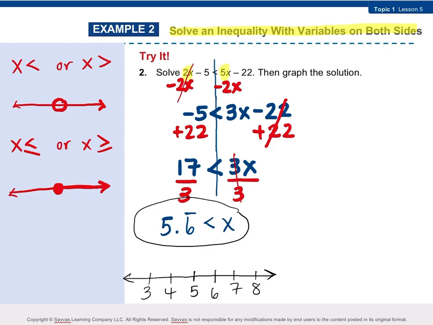And so my answer is 5.6 repeating. So in between 5 and 6, open circle because it's not equal to, only less than. And so x is everything greater than that. Everything to the right, everything bigger. And so I'm shading it in. It doesn't have to be perfect. Just make sure we can tell which side of the circle you're shading. X is greater than 5.6 repeating.